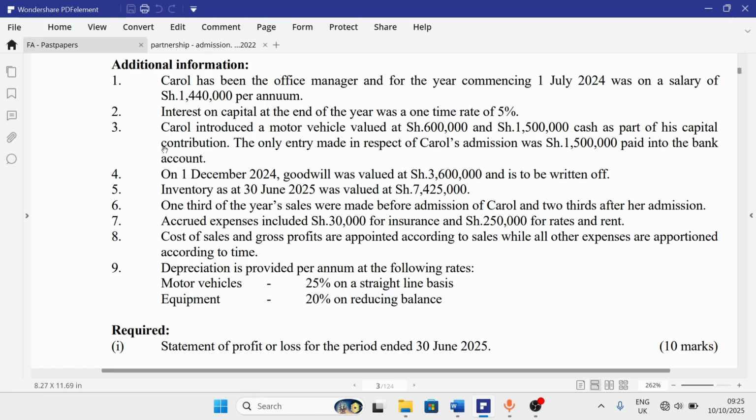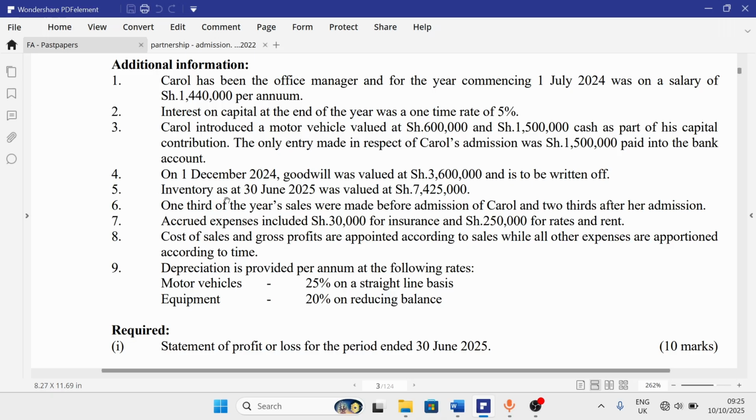If you go back to point number 3, Carol introduced two forms of capital, 600, that is the value of the motor vehicle, 1.5, that is her share of capital, which was paid in cash. So we are not told that she paid for goodwill in cash. So in this case, we are going to account for goodwill valued but not paid in cash.